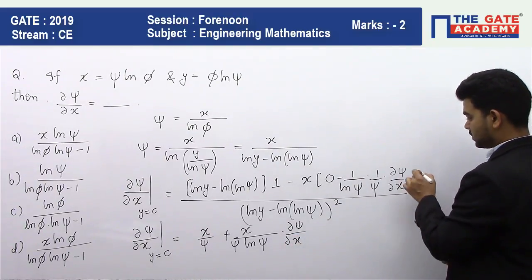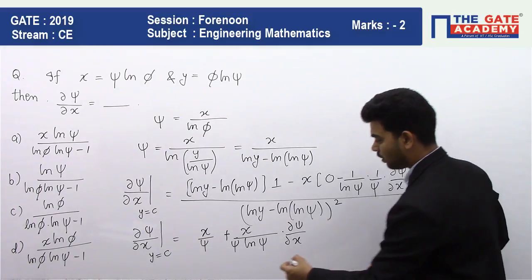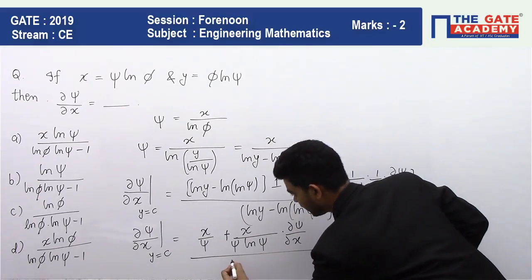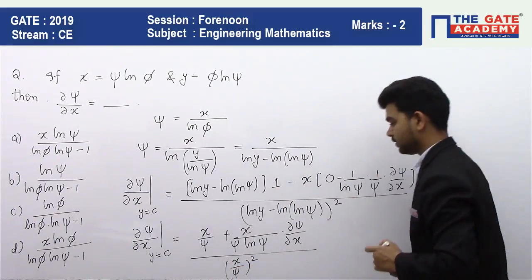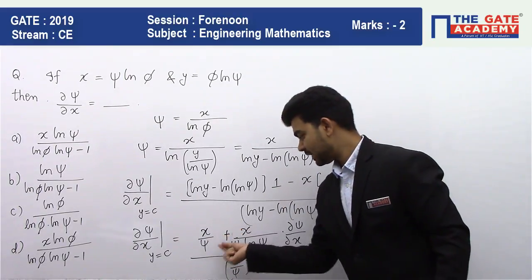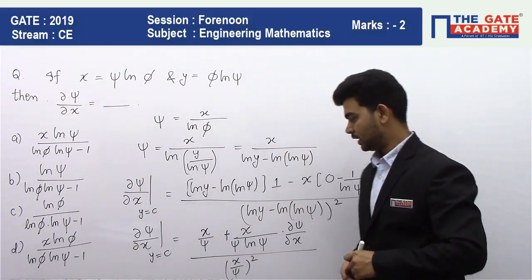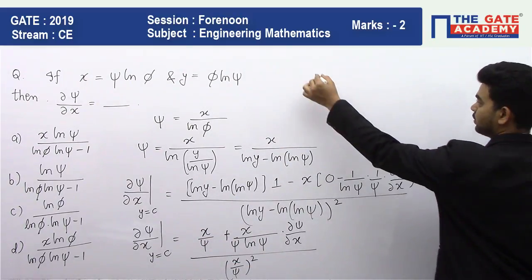In the denominator also we will get x by psi whole square. So x by psi and x by psi can be taken common and cancelled out.